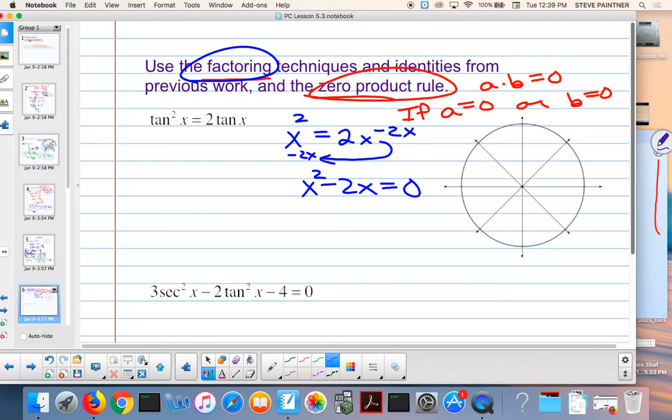Do exactly what Grace said to do. Move your 2x over, but you're not going to do that. You're going to move your 2 tangent of x over.